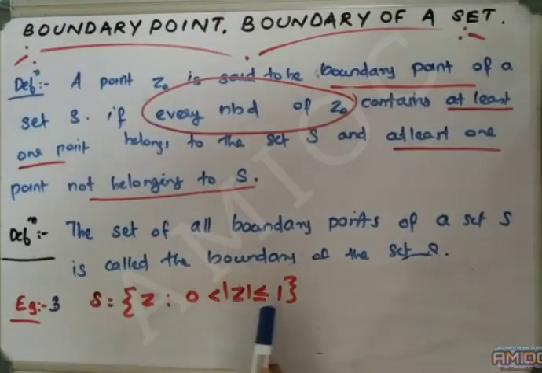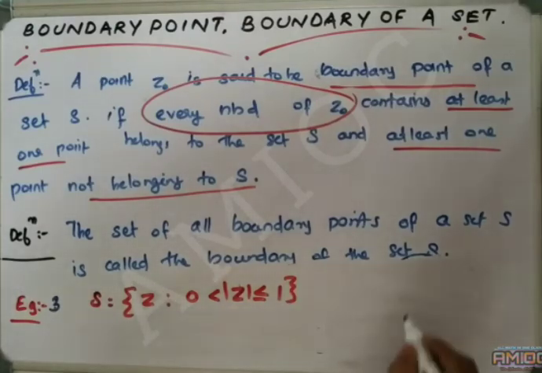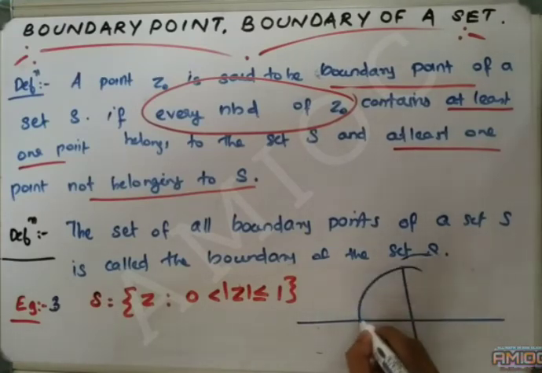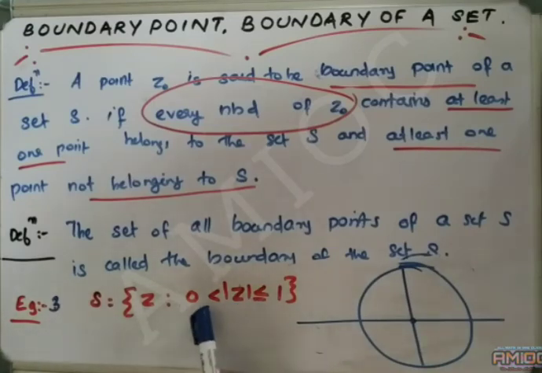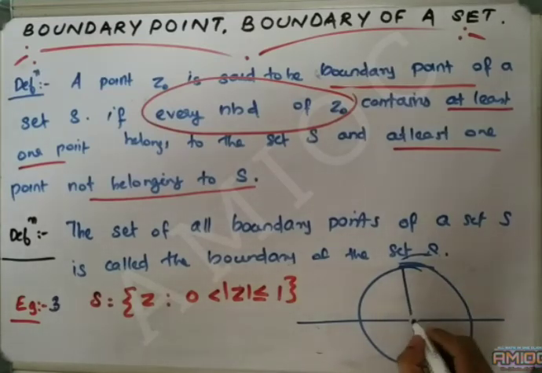If we consider |z| = 1, we will get a circle centered at 0 and of radius 1, and we have |z| > 0. Therefore the point 0 is excluded from the set S.